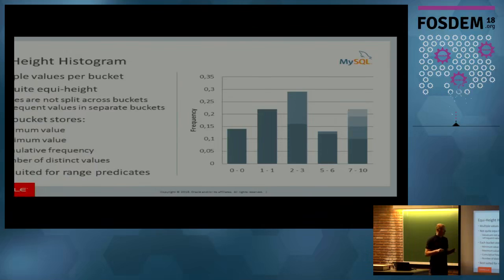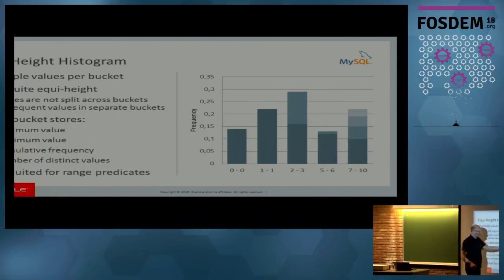But in other cases, equi-height is best for ranges and not always that good for equality. Take the example of something equals 6. You have this bucket with 5 and 6, and the frequency for this bucket is 13%, so you estimate 6.5% for each.